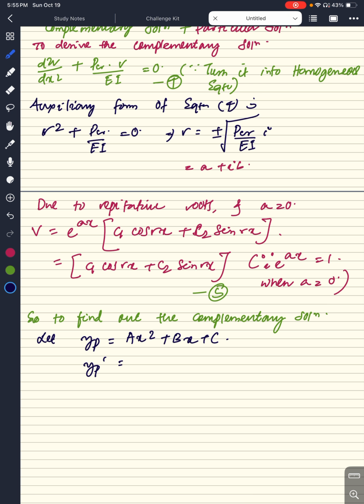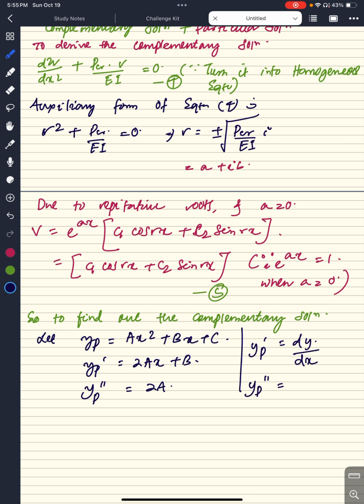Yp dash, which is the derivative of y with respect to x, is 2ax plus b. The second derivative is 2a, right? So I will just say that yp dash is equal to dy by dx and yp double dash is equal to d square y by dx square.